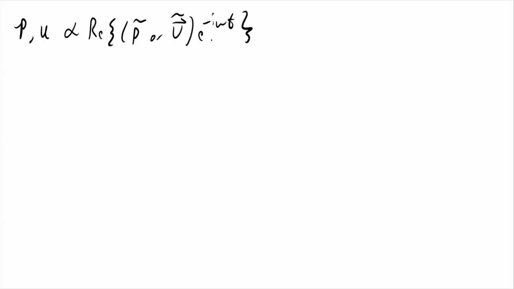To do so, we're going to assume that P and U are of the form of some complex amplitude P or U, which I've denoted by a tilde above, times e to the minus i omega t or e to the j omega t, whichever you choose.